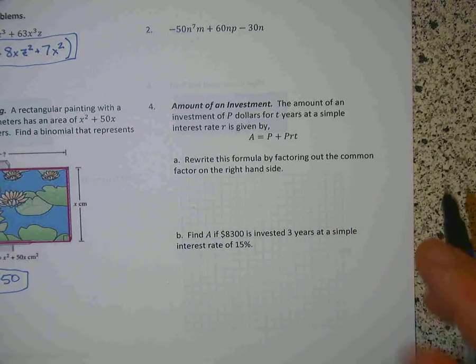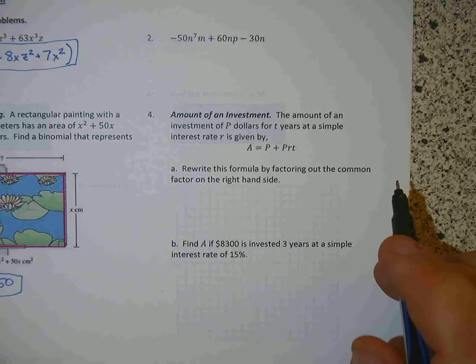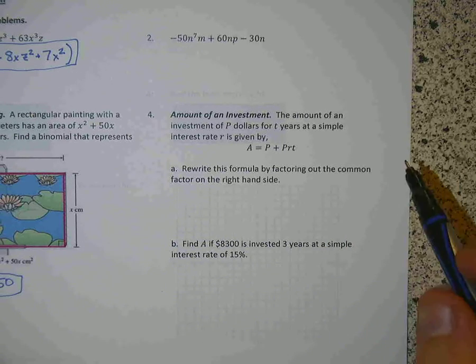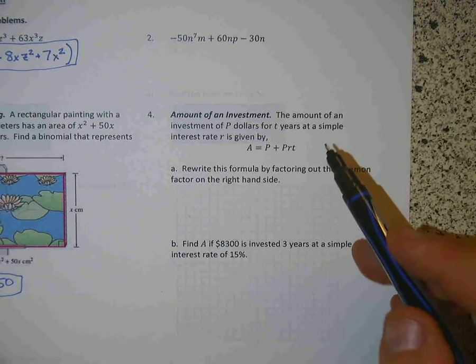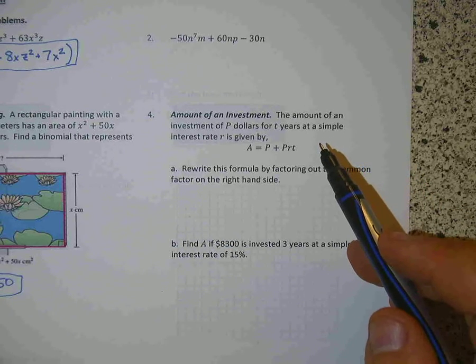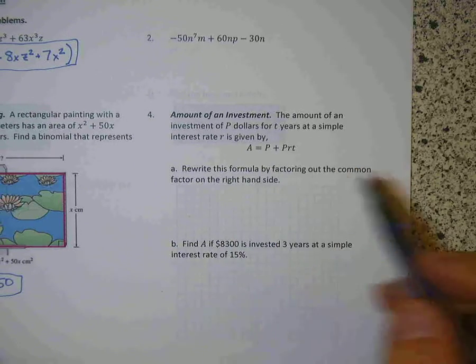Looking at number 4 here, we're looking at an investment. The amount of an investment of P dollars for T years at a simple interest rate R is given by this formula.